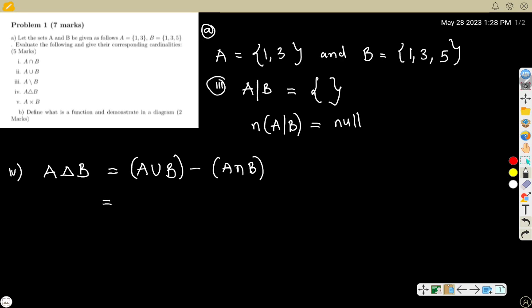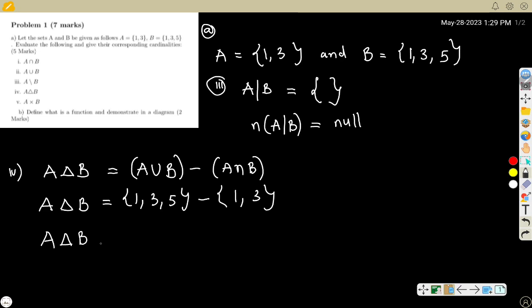We found A union B as 1, 3, 5. Then minus A intersection B, that is 1, 3. So A difference B now, if you remove this and this, it will remain 5. So that means 5 is the answer.